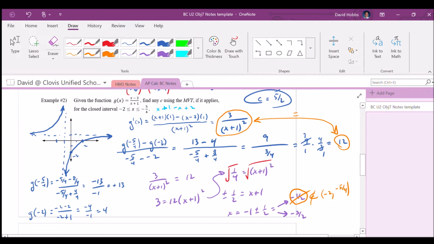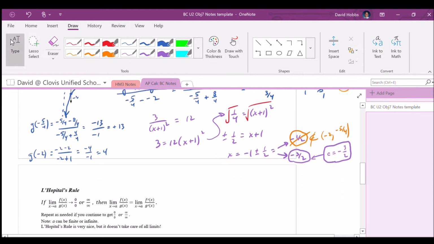Even if it lands on the endpoint, you have to throw it out by the rule. -3/2 is in the interval, and so this is our C. C equals -3/2. Okay, so that's the mean value theorem, which also covers Rolle's theorem leading up to it.